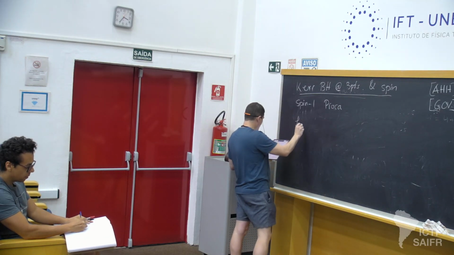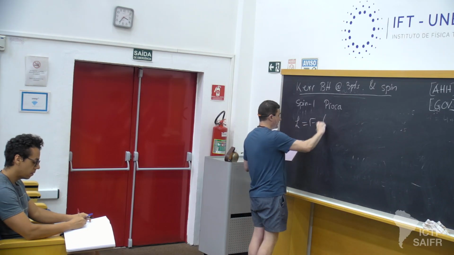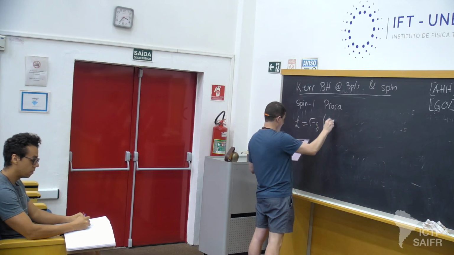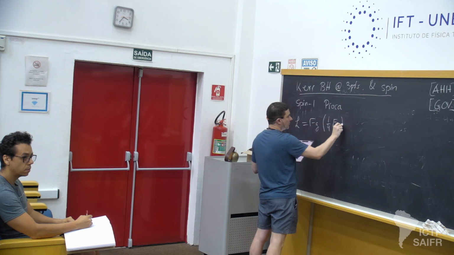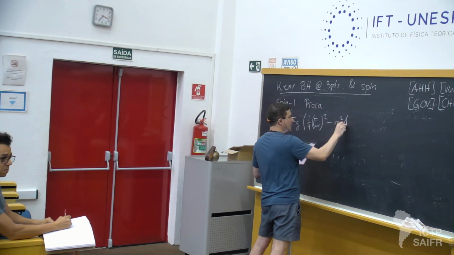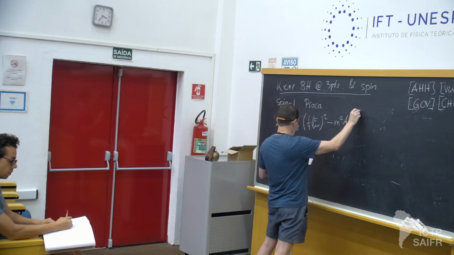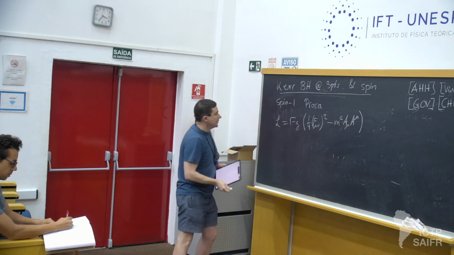I don't know if you remember your Proca action, or Lagrangian, but here it is. So it's basically just a massive photon. That's what it is. Just add the mass term.